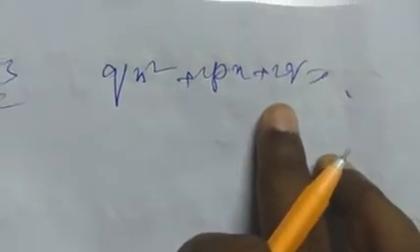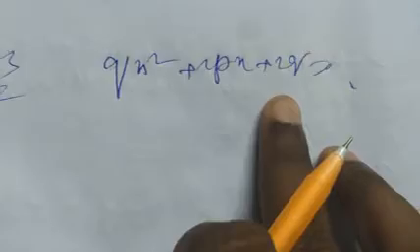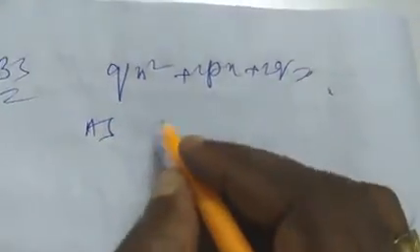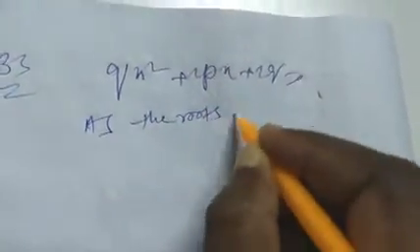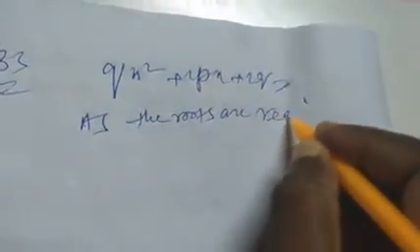Given that the roots of the first equation are real, the condition is that the discriminant should be more than 0, as the roots are real.